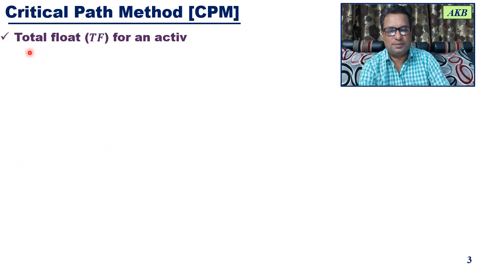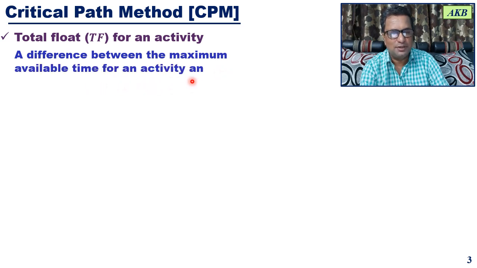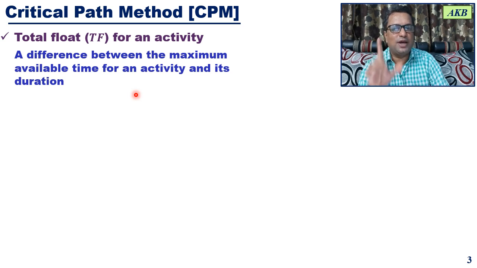First in the list is total float. Let us denote it as TF. Let us understand what a total float for an activity is. It is the difference between the maximum available time for an activity and its duration. So maximum available time minus the activity duration is nothing but total float for that activity.